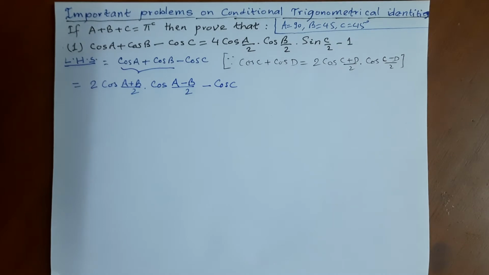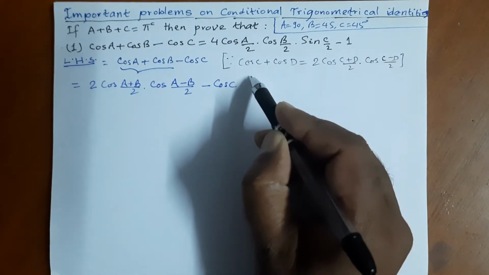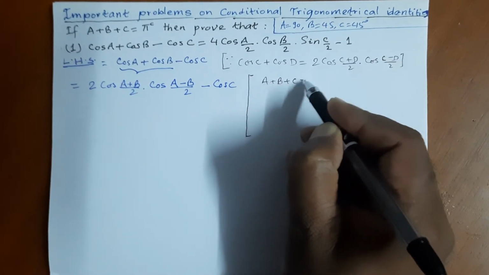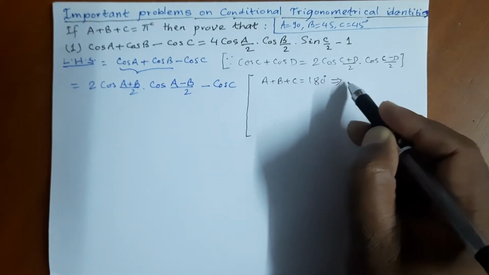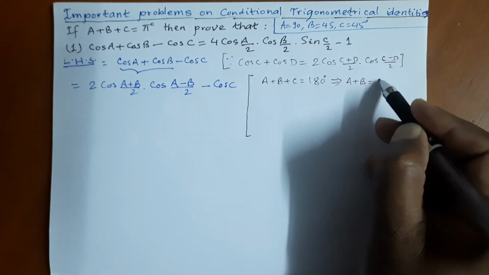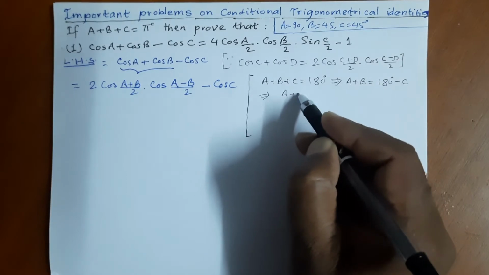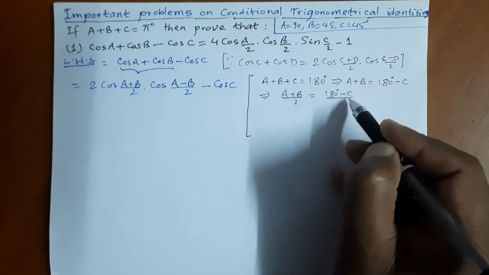Now our given condition is A plus B plus C equals pi radian. Pi radian means 180 degrees. A plus B plus C equals 180 degrees is given. This implies A plus B equals 180 degrees minus C. Dividing both sides by 2, A plus B over 2 equals 180 over 2, 90 degrees minus C over 2.